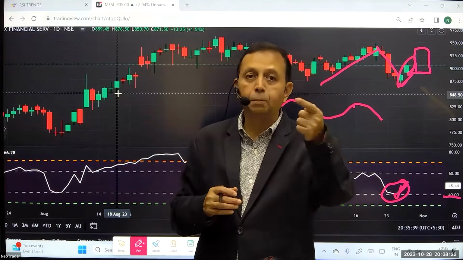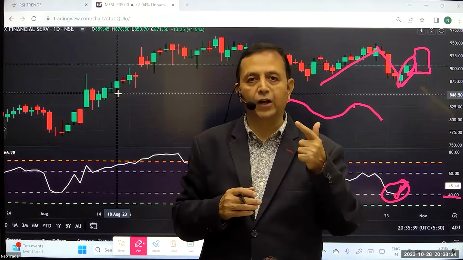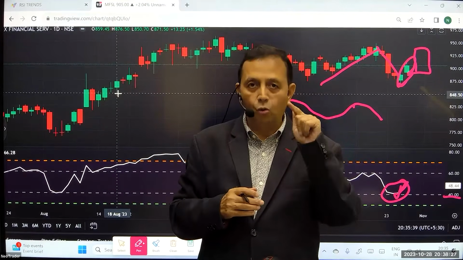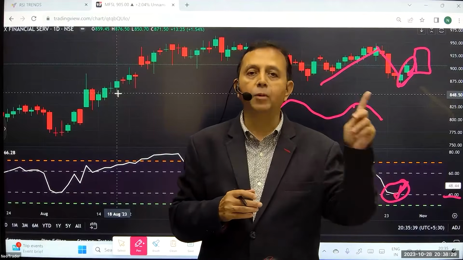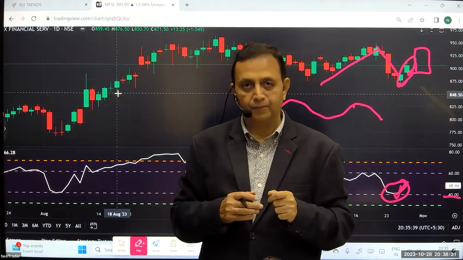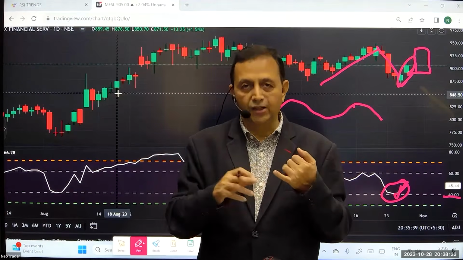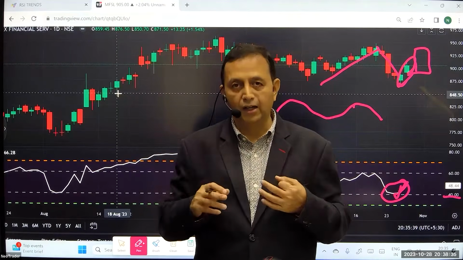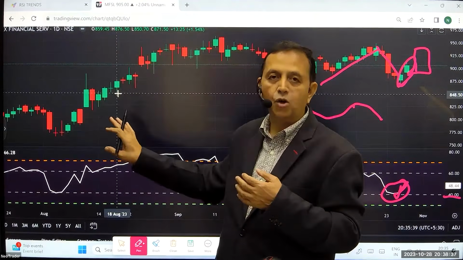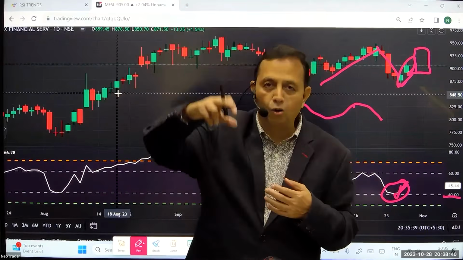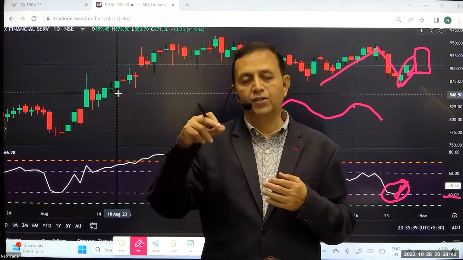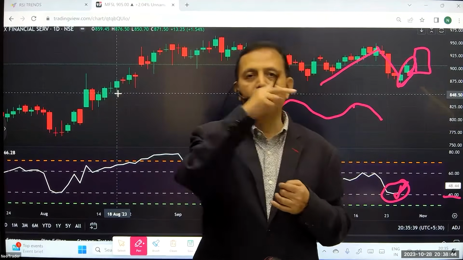We cannot go with a predetermined "I am going to buy MFSL." Yes, you are planning to buy MFSL if, number 1, it does this, number 2, it does this, number 3, it does this. If it has to do this on daily, then the signal has to be there on hourly also. And a similar signal may be there on 30-minute also.